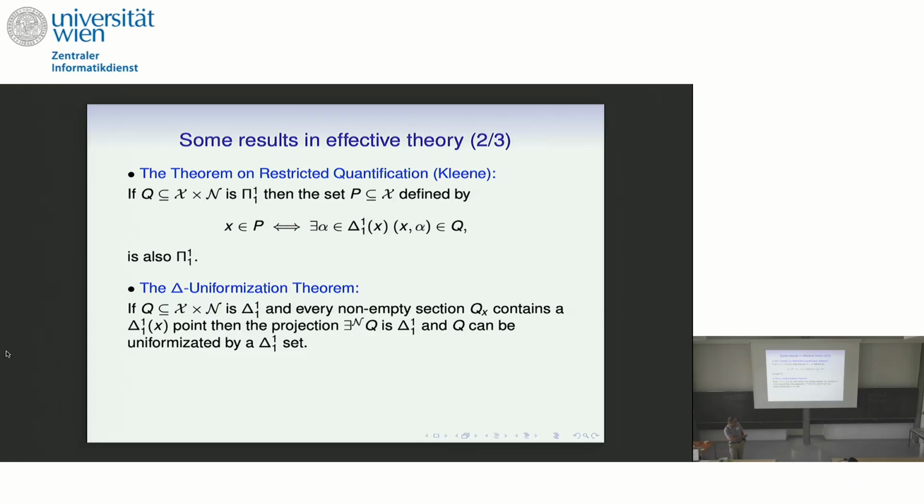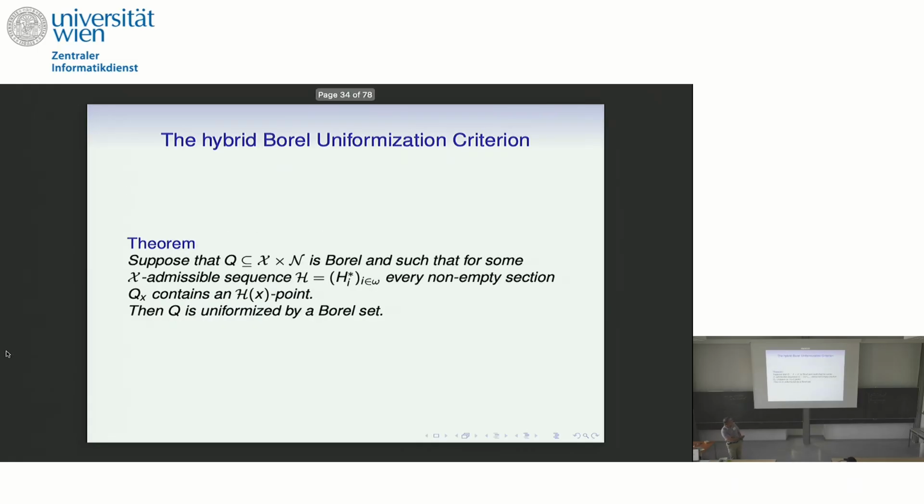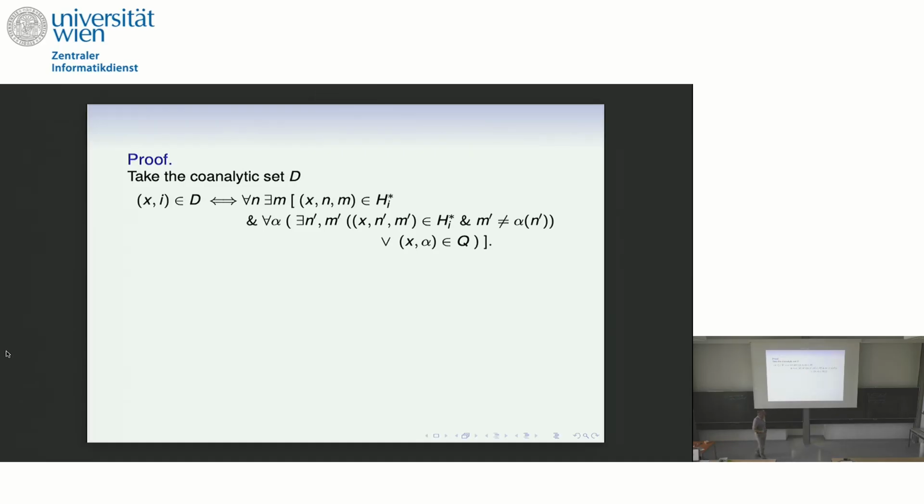Let's see the hybrid version of this theorem. Suppose, again, Q is as before, now Borel, and that for some admissible sequence, every non-empty section contains an hx point. Then Q is uniformized by a Borel set. Now, the proof of this is somewhat longer, but not very different from the preceding.